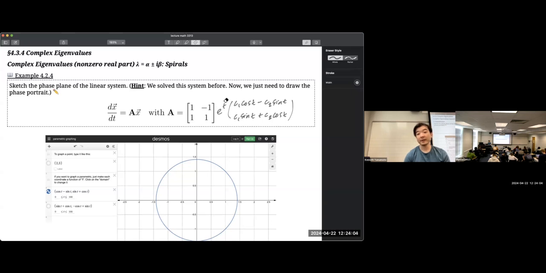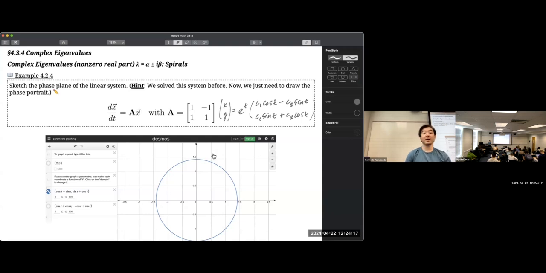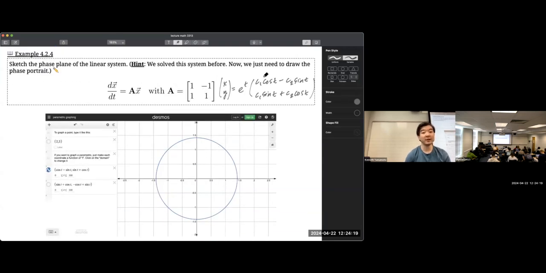I'll just write it like this. We want to draw how this is the solution for x and y. So the question is, how do we draw this on a phase portrait? They're giving you a parameterized curve in t for x and y. You want to be able to draw this trajectory on a plot.